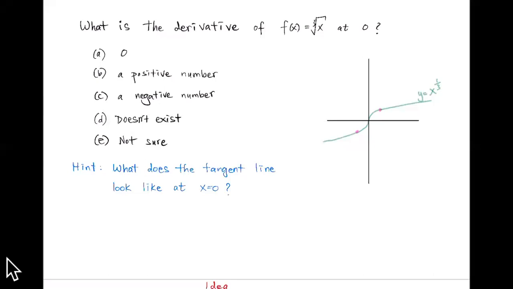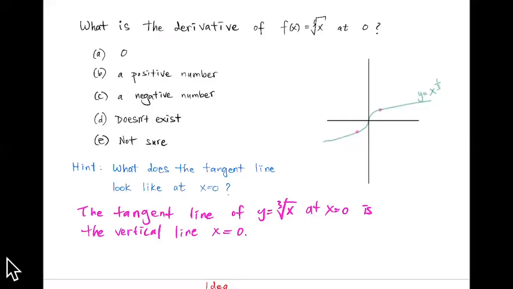We also voted on this question about the derivative of the inverse function at 0. It might not be immediately clear from the picture, but the tangent line here can be computed to be this vertical line, x equals 0. At the point where the tangent line is vertical, the derivative is not defined. So the derivative does not exist at 0.